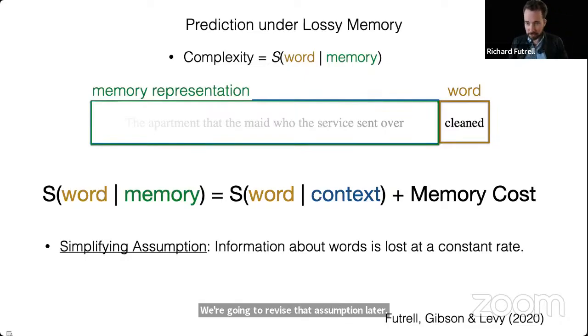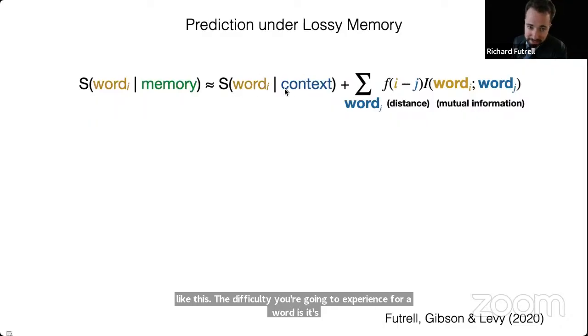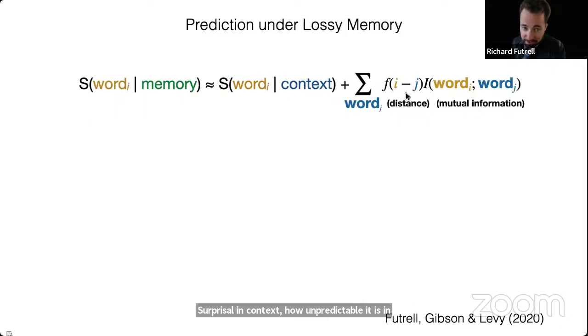And then the actual expression you get for processing complexity for a word given your memory looks like this. The difficulty you're going to experience for a word is its surprisal in context, how unpredictable it is in context, plus your memory cost.